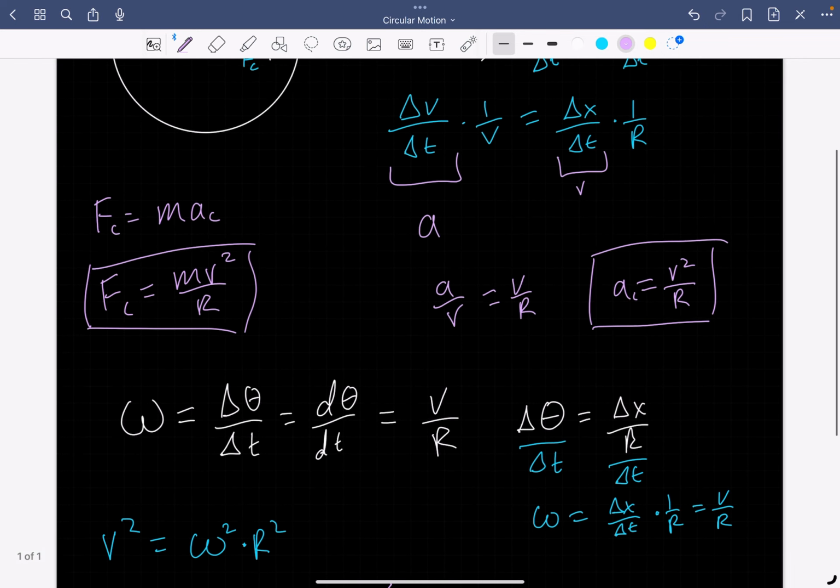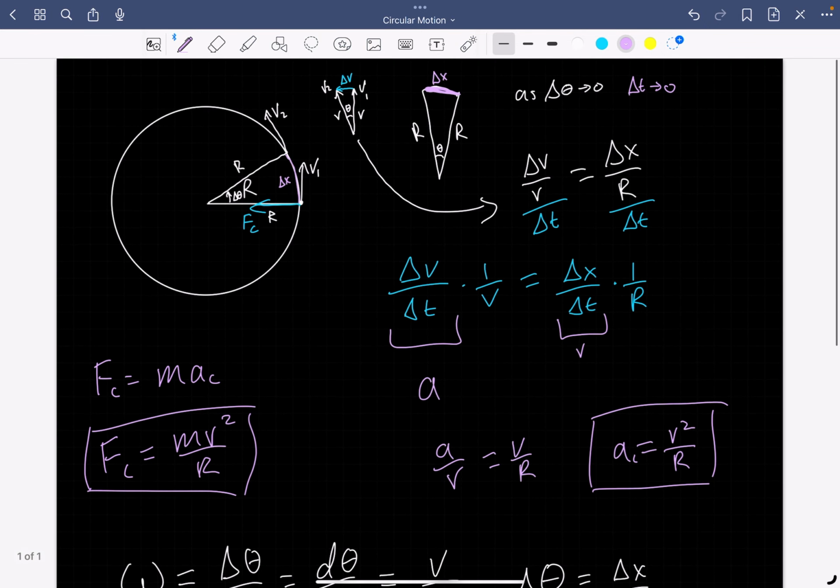Again, we're dealing with a constant angular velocity or a constant speed in this case. But this formula also applies to instantaneous speed or instantaneous angular velocity.